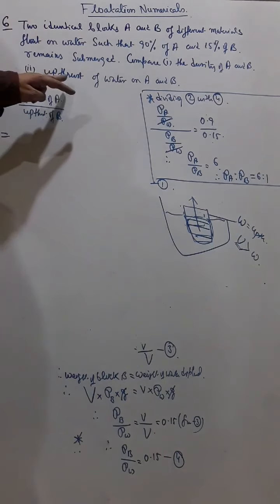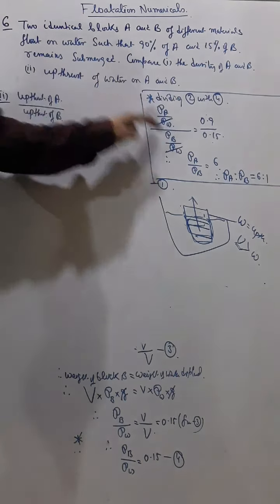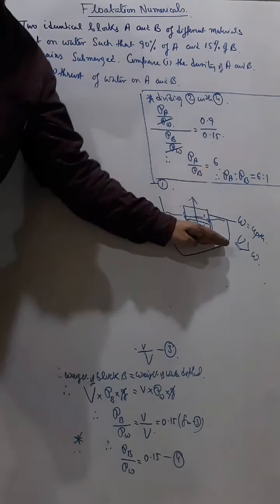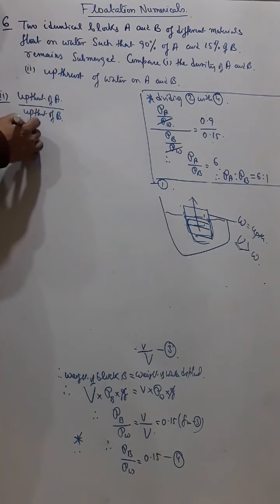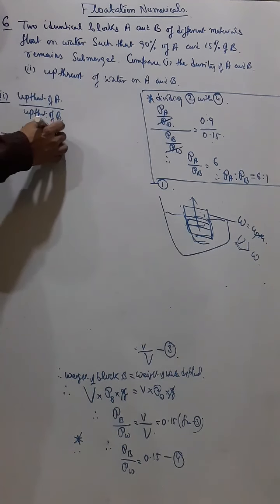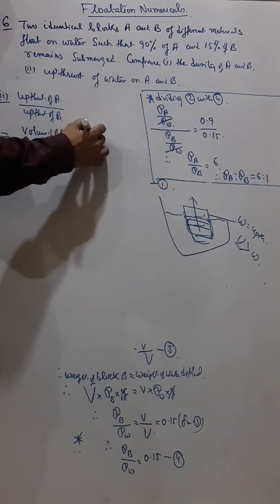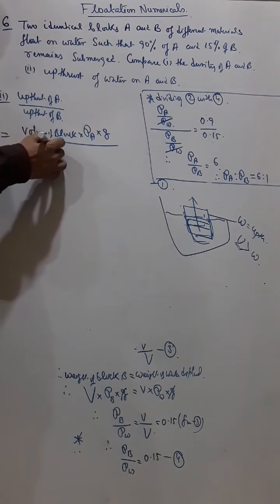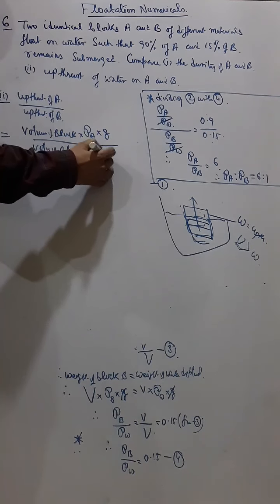But they ask you what is the actual upthrust acting on A and B, that upthrust which is actually greater than the weight. Now when it is forcefully totally submerged, upthrust of A will be volume of block into density of A into G, and volume of block into density of B into G.